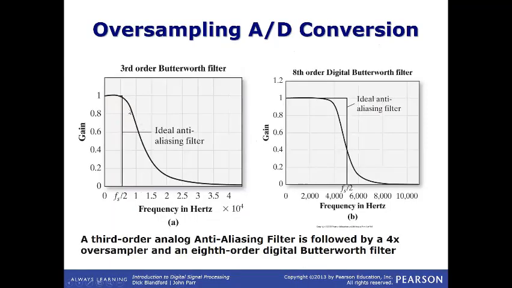That enables us to use fairly low order, slow roll-off anti-aliasing hardware filters, and we put in much better fast processing, high order digital filters to do a much sharper cutoff to get rid of the noise and alias signal.